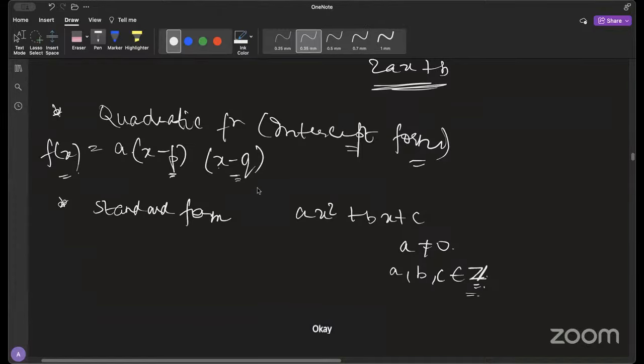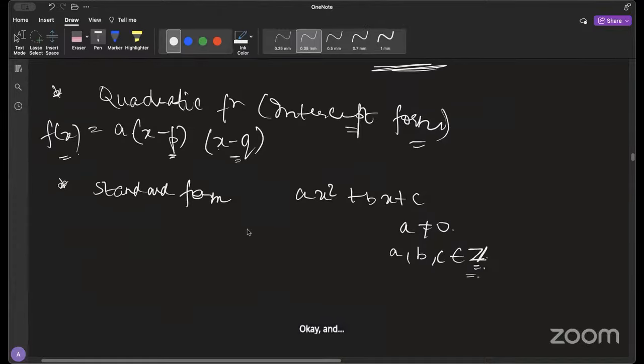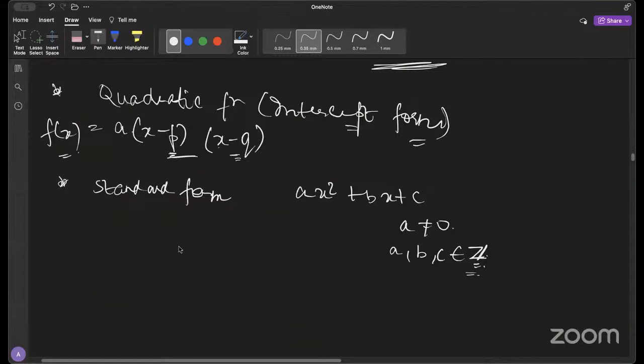Okay, and just try one equation where we'll convert a quadratic equation into standard form and standard form into intercept form.